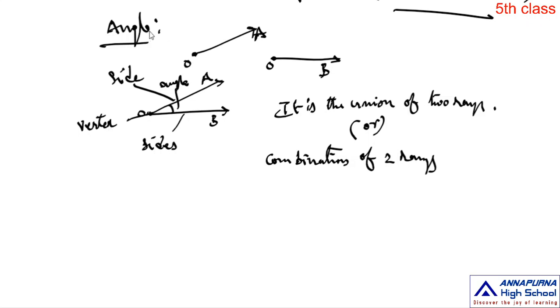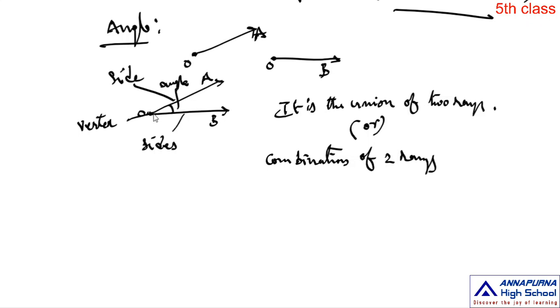Therefore, what is the meaning of angle? Angle means it is the combination of two rays. Angle is obtained by combining two rays, or in other words, it is the union of two rays. Many definitions are there. It is a figure formed by two rays sharing the common endpoint.